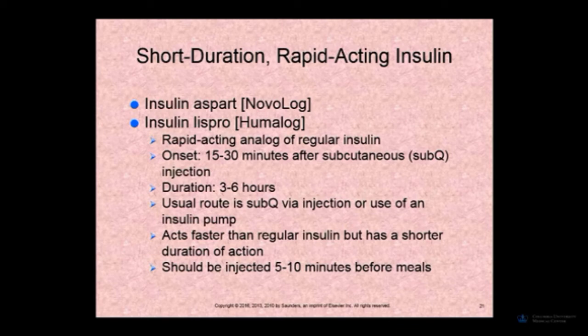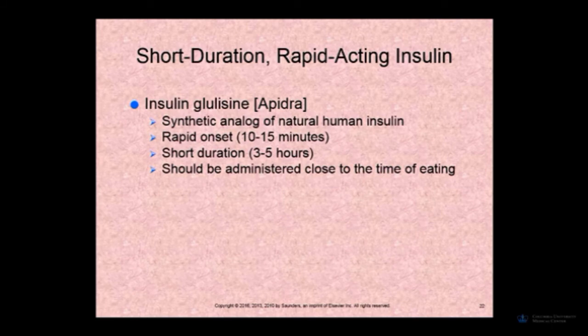It can also be used in an insulin pump. It acts faster than regular insulin, but has a shorter duration of action, and it should be injected about 5 to 10 minutes before meals. So these rapid-acting insulins are given just before meals generally.